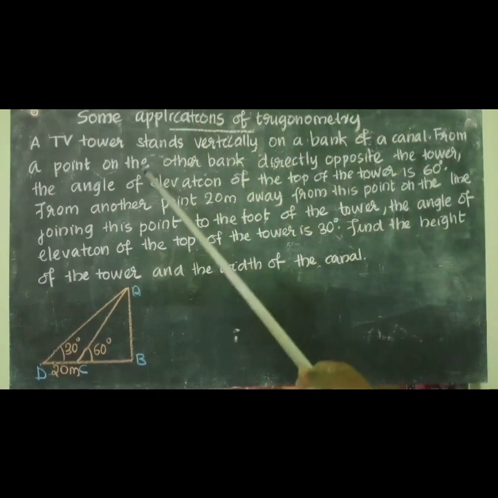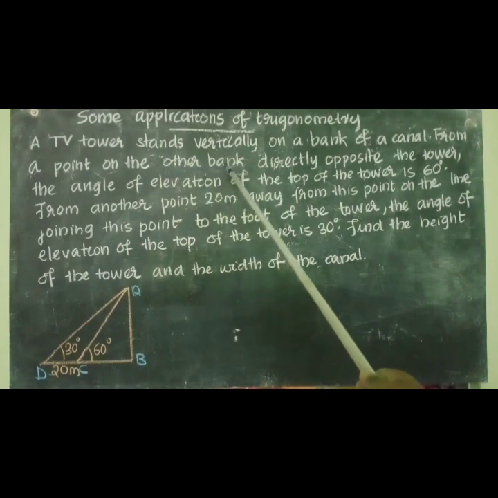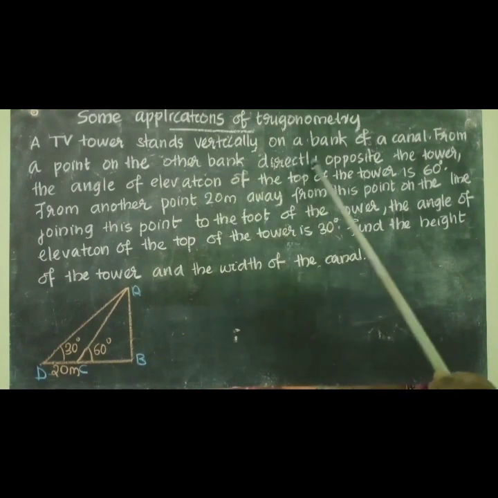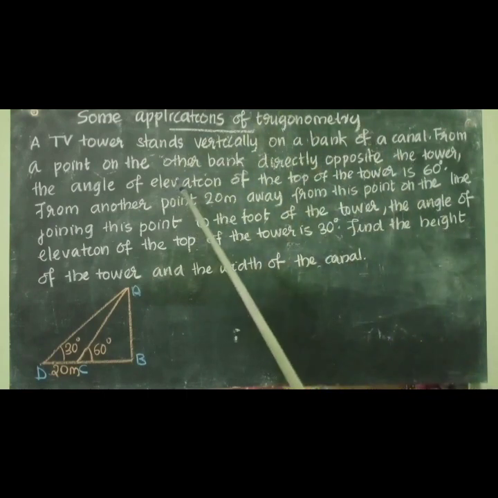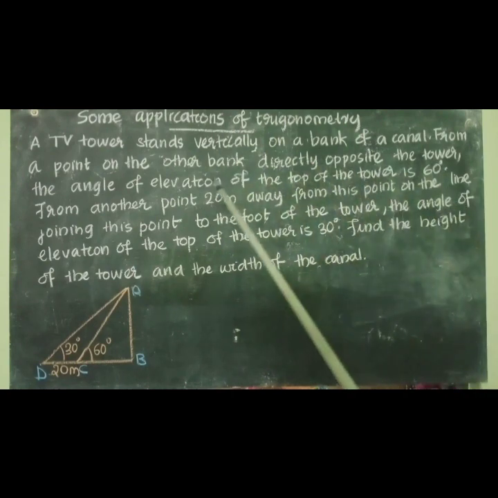From a point on the other bank, directly opposite the tower, the angle of elevation of the top of the tower is 60 degree.